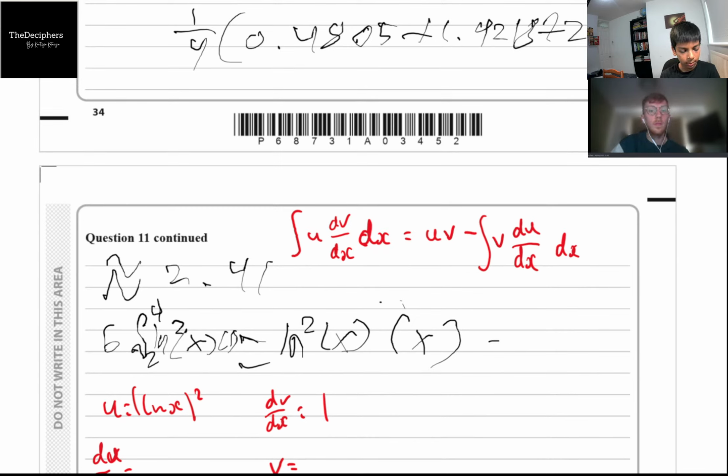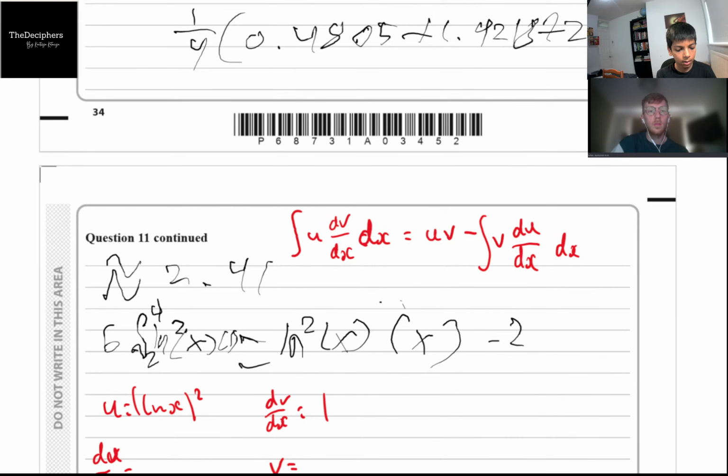Minus 1 times the du by dx, 1 times the derivative of ln squared x. That's using the chain rule.